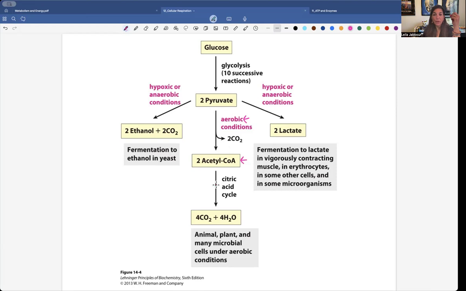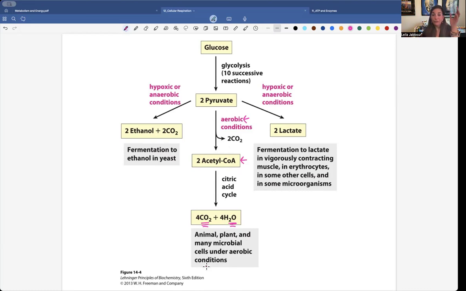Each one of those pyruvates will give one acetyl-CoA. And then through the citric acid cycle, we will end up with carbon dioxide exhaled and some water molecules. So this happens in animals, plants, and many microbial cells under aerobic conditions.